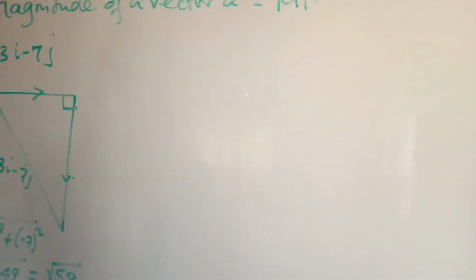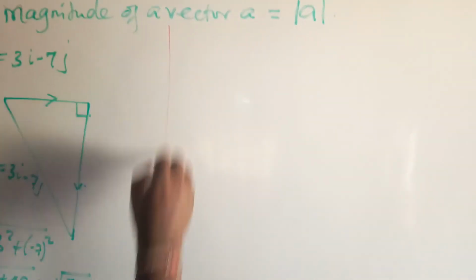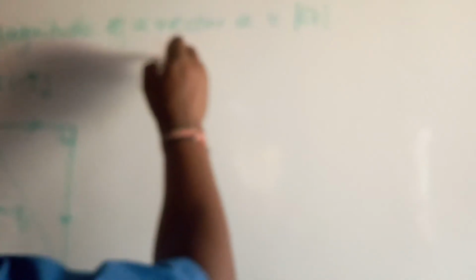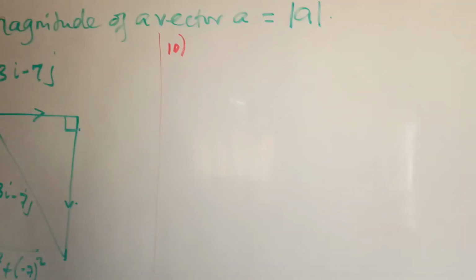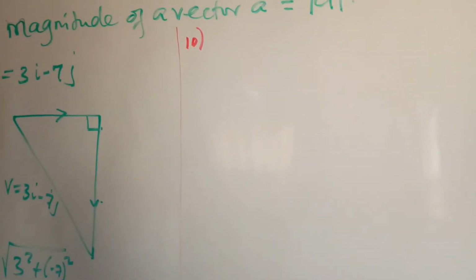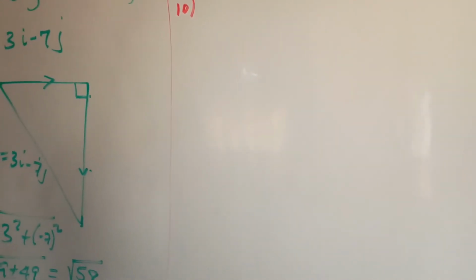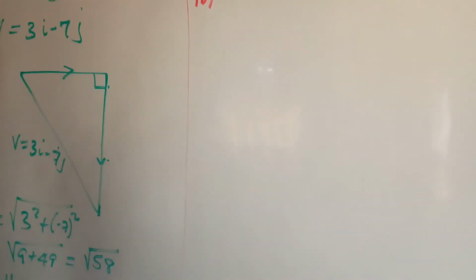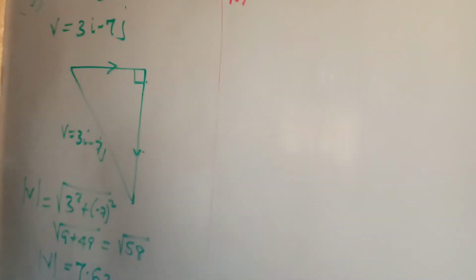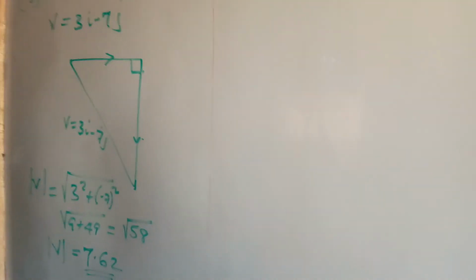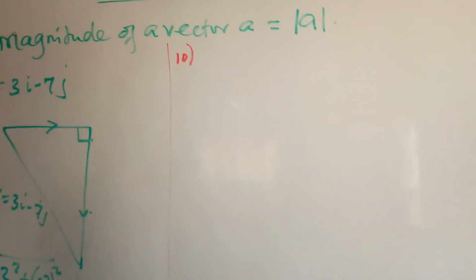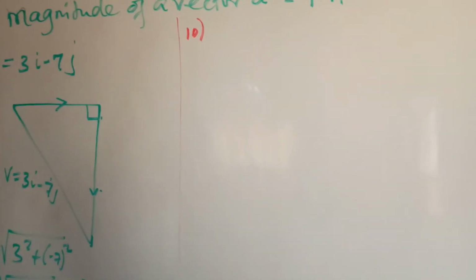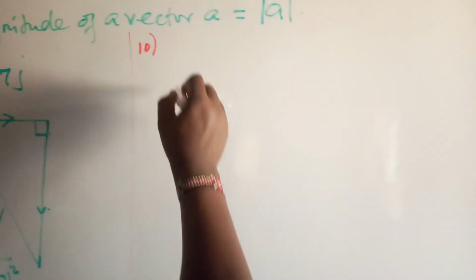But let us look at example 10 here, because they have something similar. Example 10 is asking, find the angle between the vector 4i plus 5j and the positive x-axis.